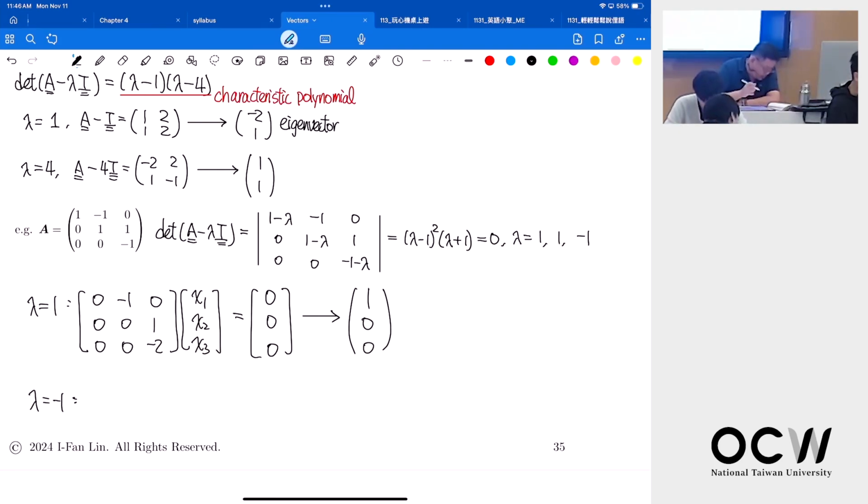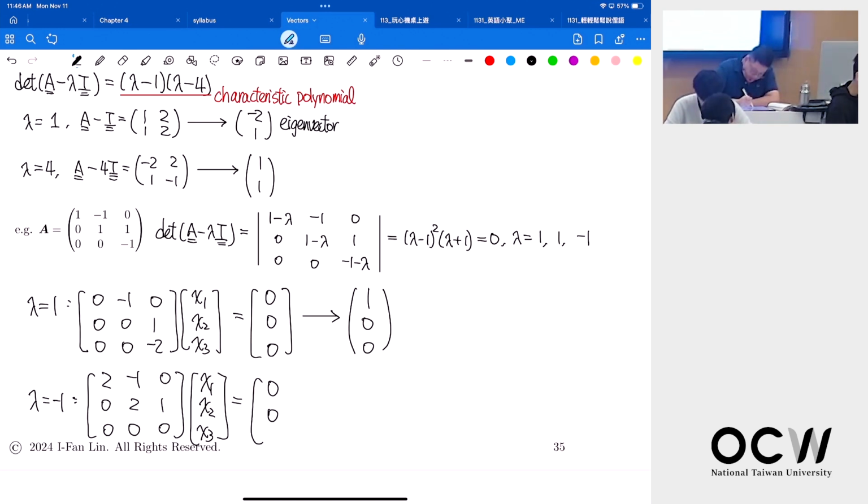When lambda is minus 1, I have 2, 0, 0, minus 1, 2, 0, 0, 1, 0, times the x. It should be a 0 vector.